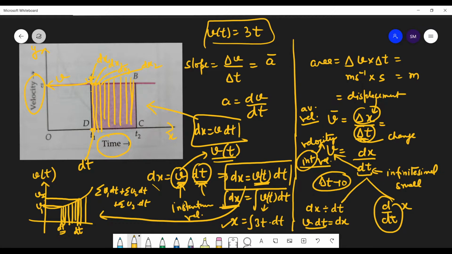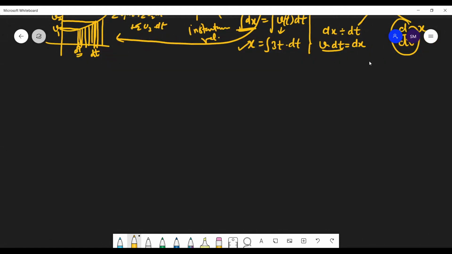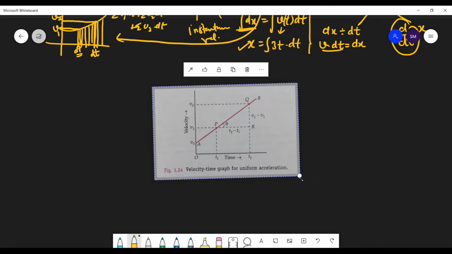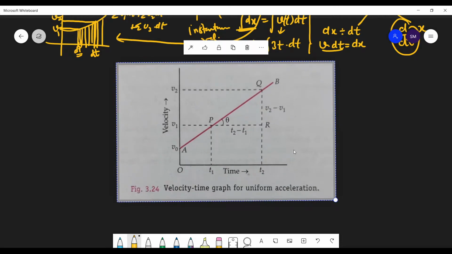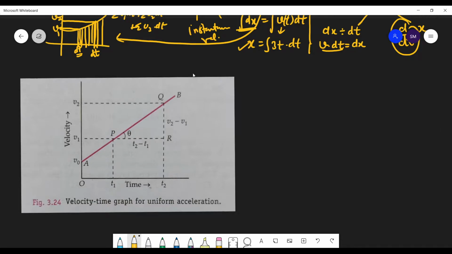Yes, sir. Let us take another graph now. Again, this is the same velocity time graph. Now, in the last graph, I told you that there are three possibilities. One is like the earlier graph we have studied. Do you remember?